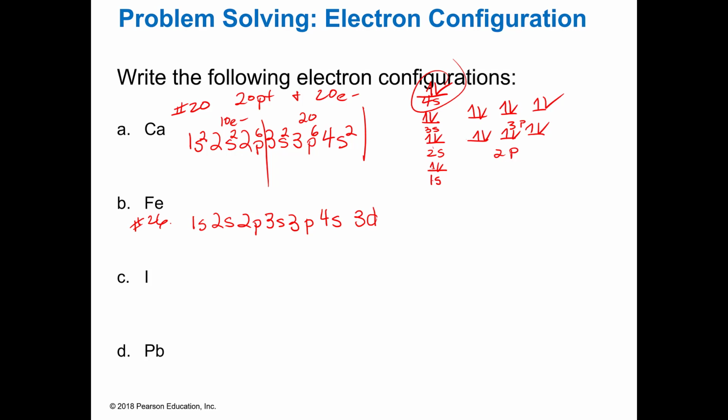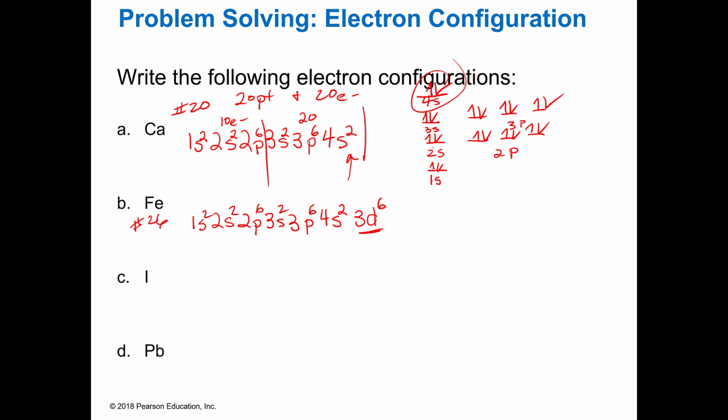So once I do my order, I'm going to say 2, 4, 10, 12, 18, 20, and I know that from up there. And then iron is going to have 6 more, and I could have up to 10 in this D, so I just do 6 because it doesn't fill it all up because it only has 26 electrons.